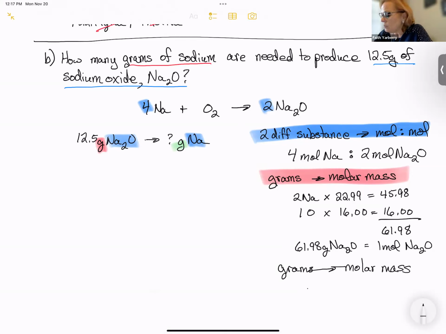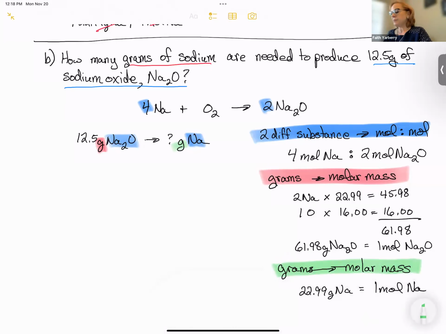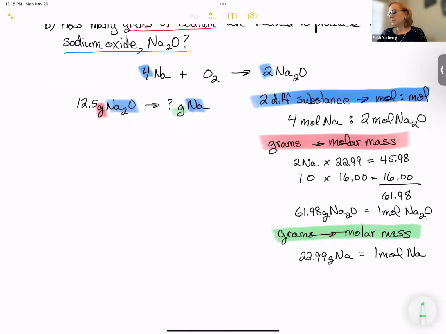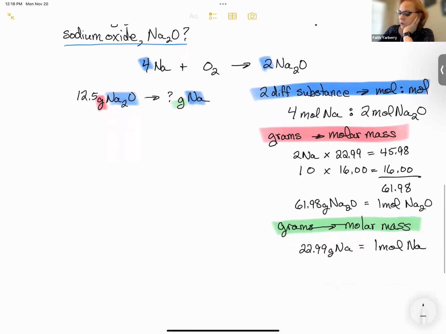And sodium has a molar mass of 22.99 grams is equal to 1 mole. Now that we've parsed out our probable conversion factors, we can begin the calculation. We'll start with the 12.5 grams of sodium oxide.